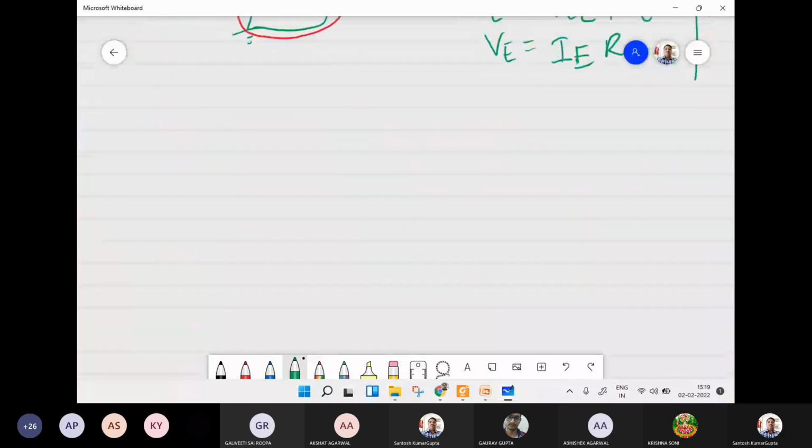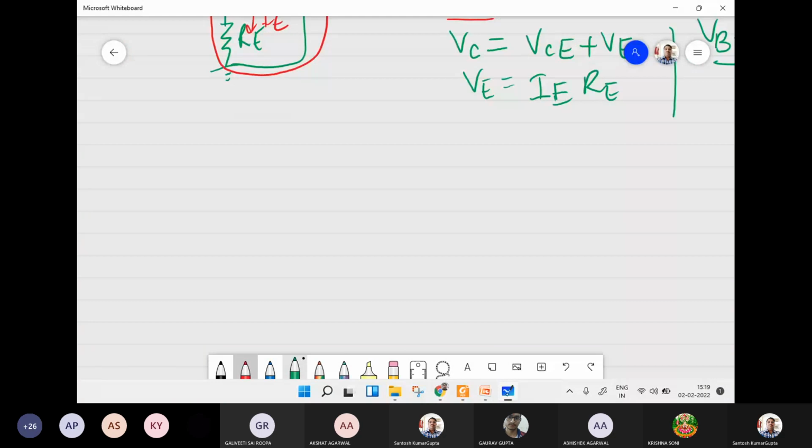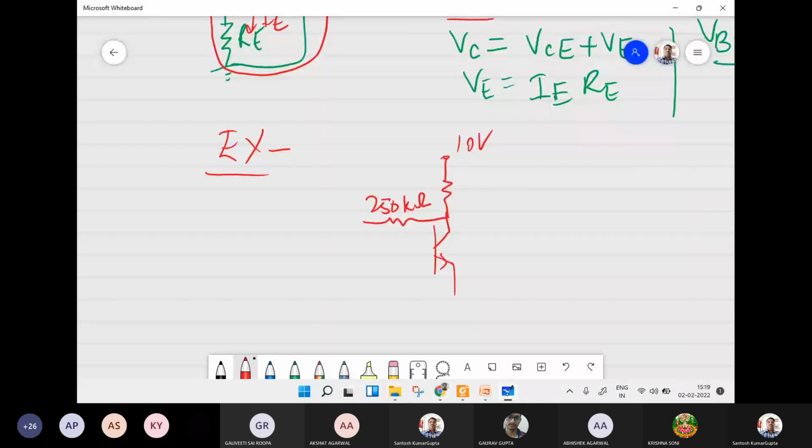So for example, here we have, say, a biasing circuit given like this here. With values here, let us say this is 250 kilo ohms with a VCC of 10 volts.